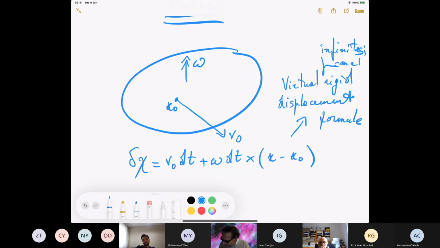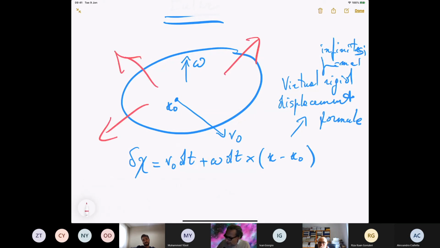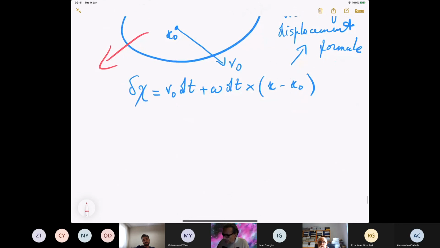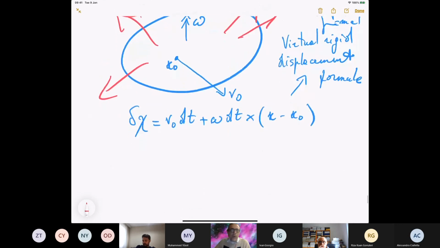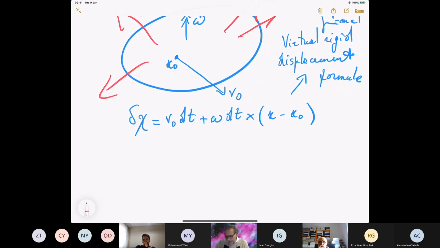Then you have here applied every kind of forces. Okay. And you write, these forces can be volumic, you can have them on surface and so on.